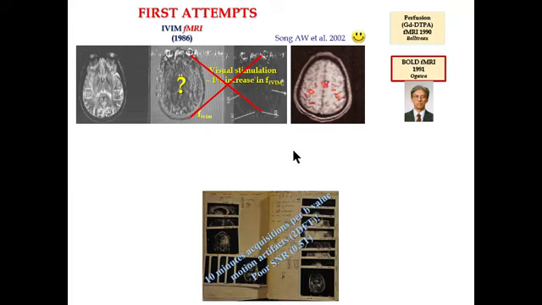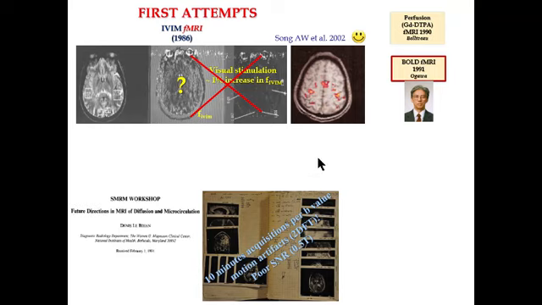So again, as I said, the problem with IVIM at that time, it was done at 0.5 Tesla back 30 years ago, and 10 minutes for each b-value, so there was no way it would be useful clinically. So I was provoked.